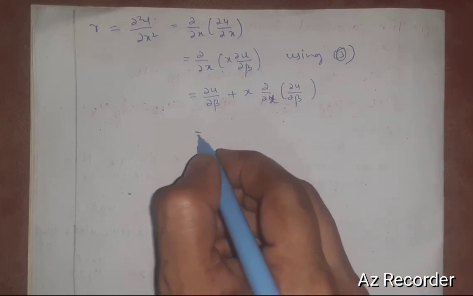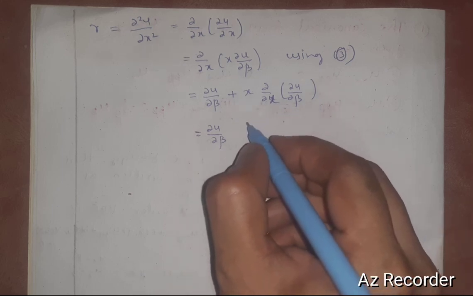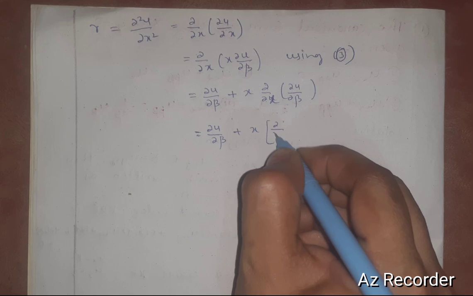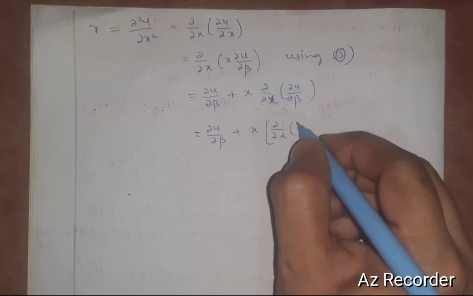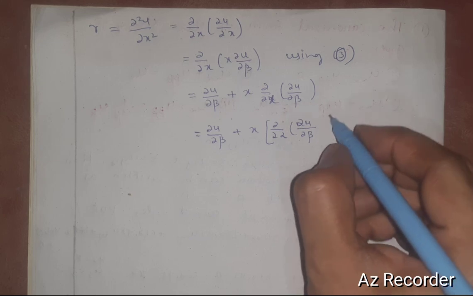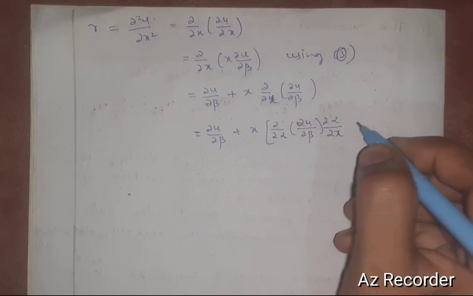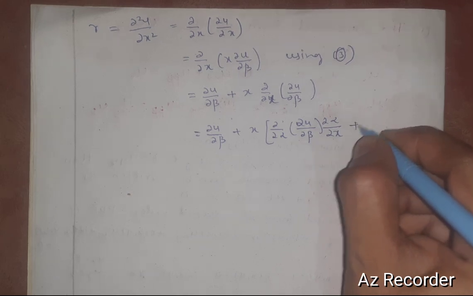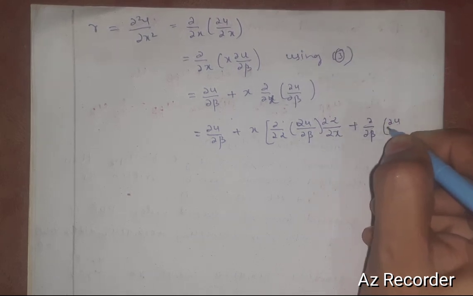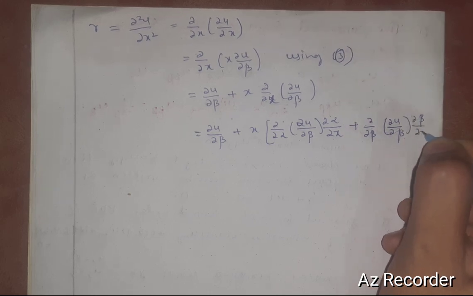So this can be written as ∂u/∂β plus x into ∂/∂α of ∂u/∂β into ∂α/∂x plus ∂/∂β of ∂u/∂β into ∂β/∂x.